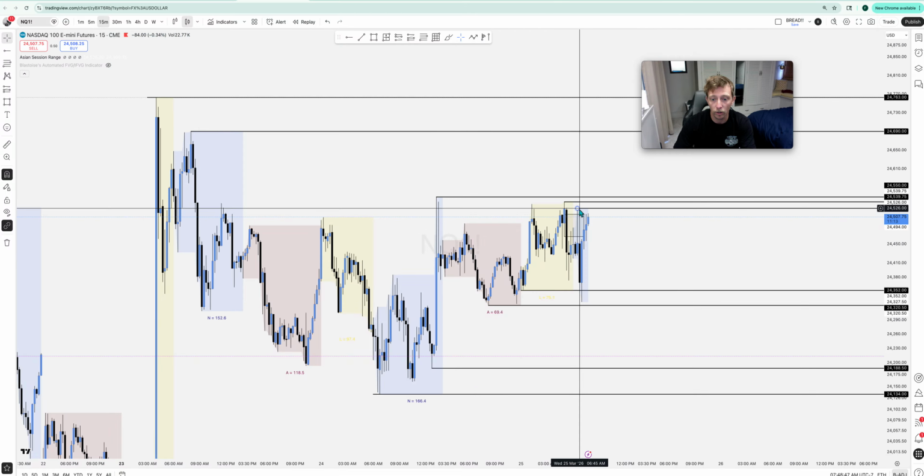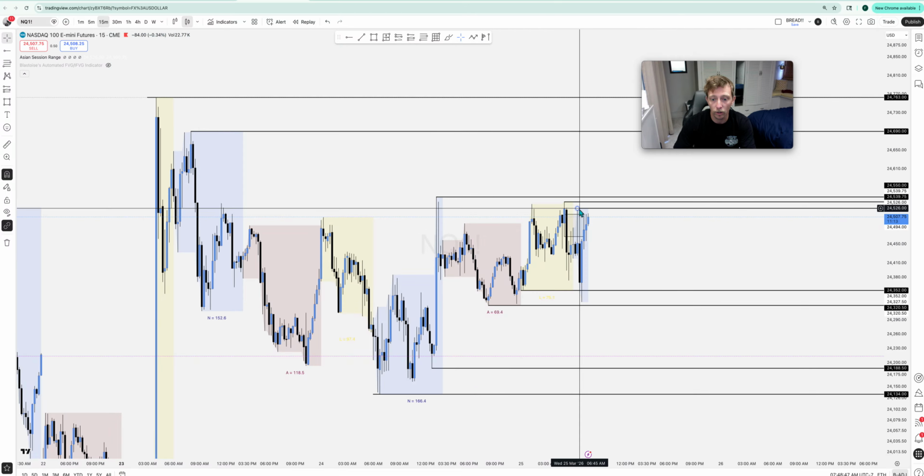Let me delete these real quick. Okay, so 6:30, we put in some lows, but we weren't really breaking below any of this. It's kind of just this entire area we weren't breaking.